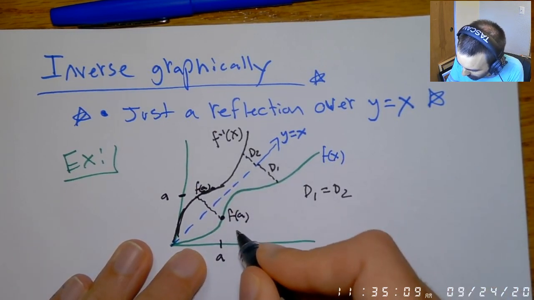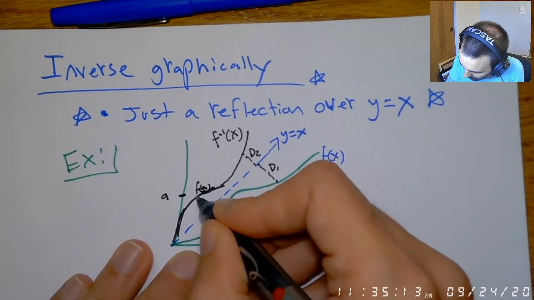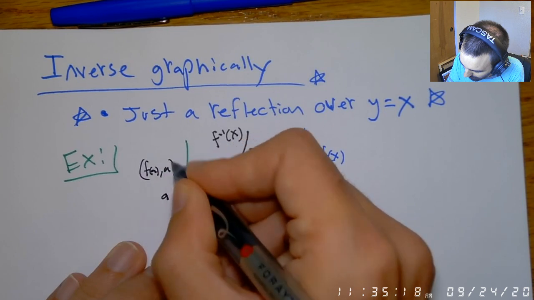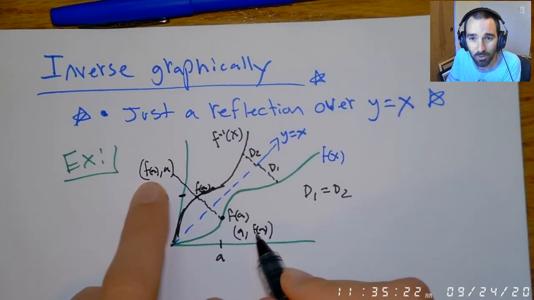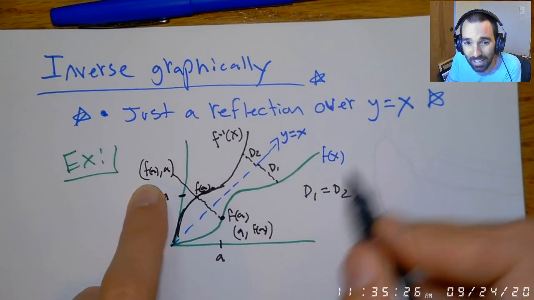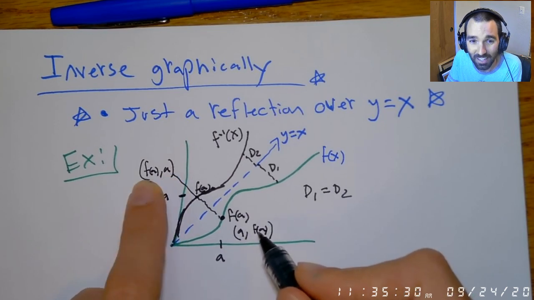So the coordinate for here would be (a, f of a), and the coordinate here would be (f of a, a). Now that brings us to our next thing. Look at these 2 points. Do you see how the inputs are switched? The input and the output are switched? That's because y literally equals x. So the x here is now y, and the y here is now x.